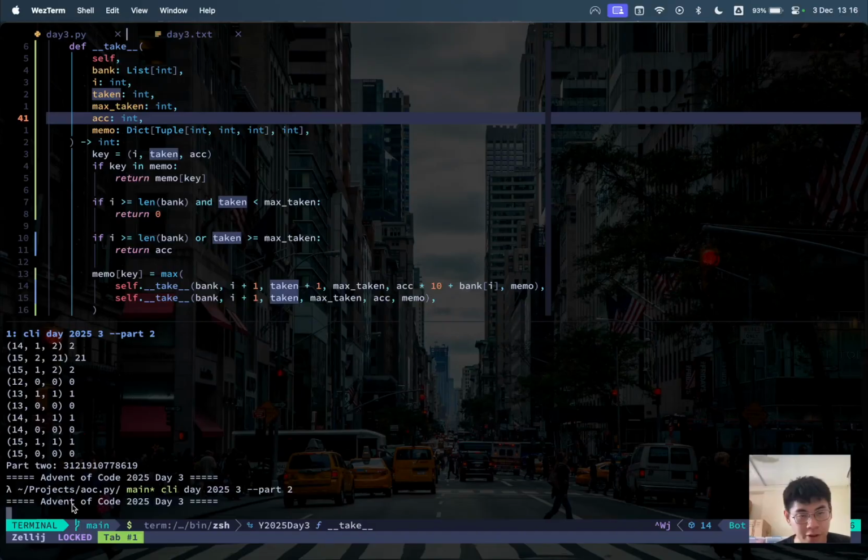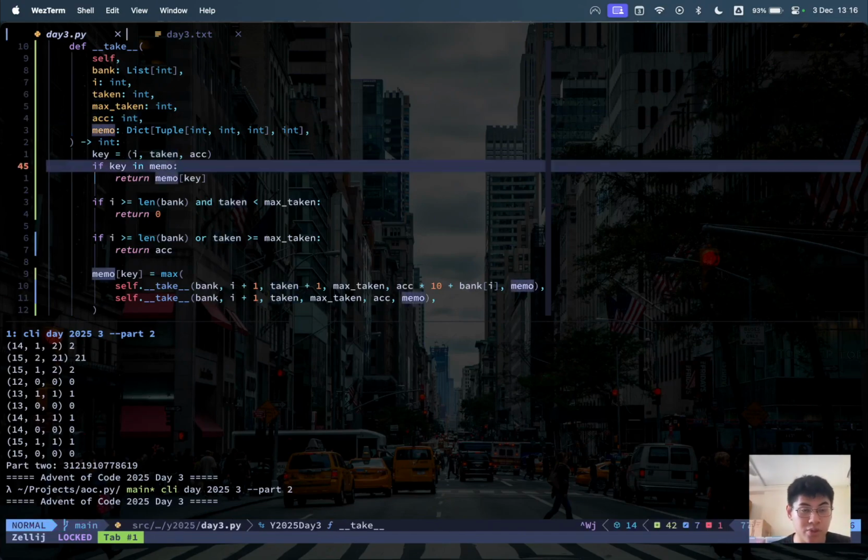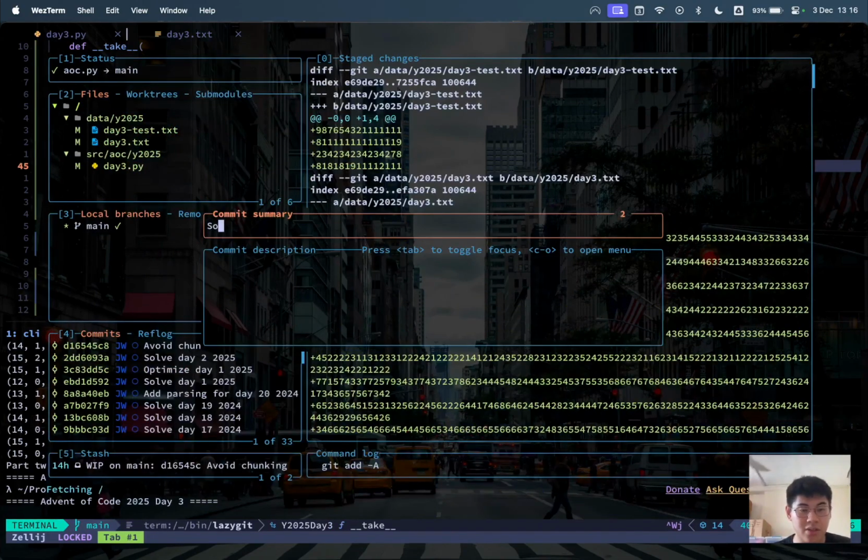Here it is very slow because a very deep tree can occur, and because of that, we are trying all the possibilities and probably failing at a lot of them. So let's save this first and say solve day 3, 2025 with naive DP.